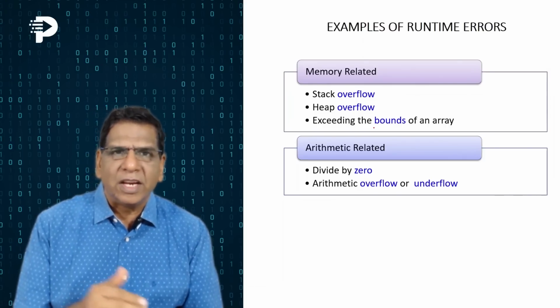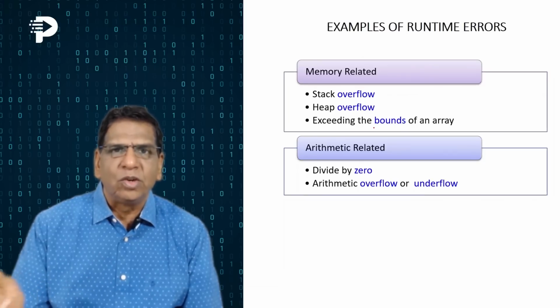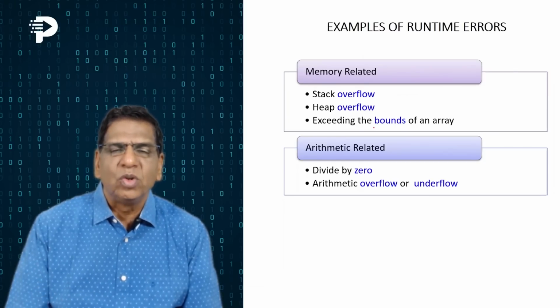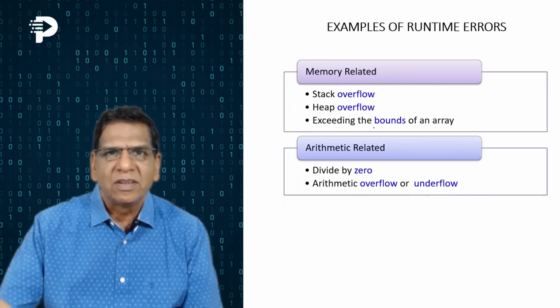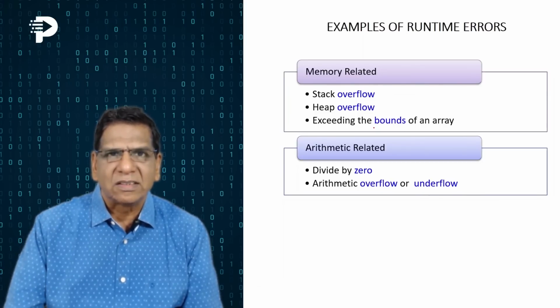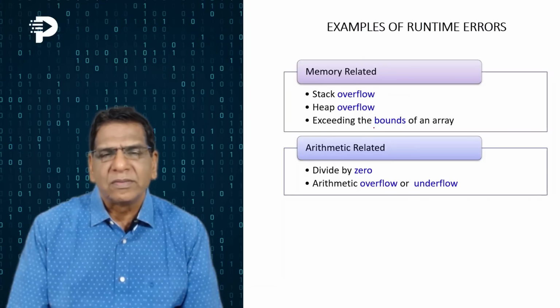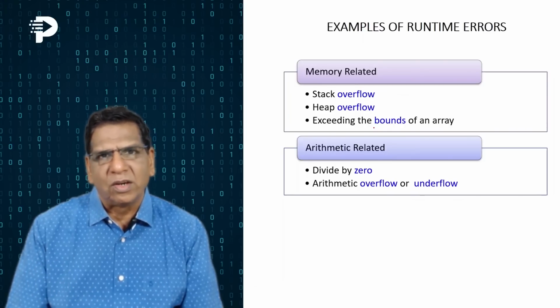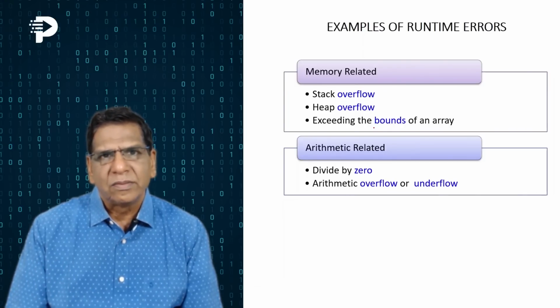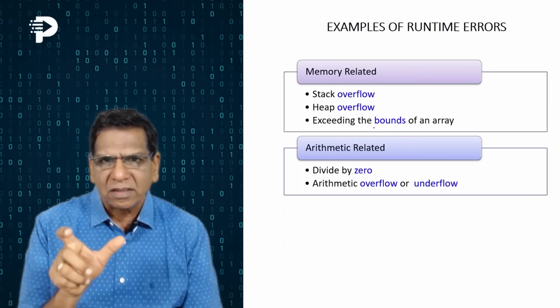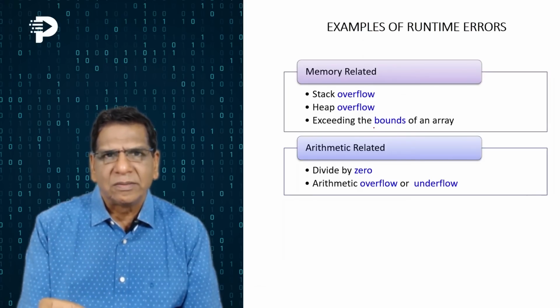Or we carry out an operation C equal to A into B, and during the course of that multiplication we exceed the range of the integers. In that case, an overflow would occur. Similarly, underflow is also likely to occur because all integers are within a range.